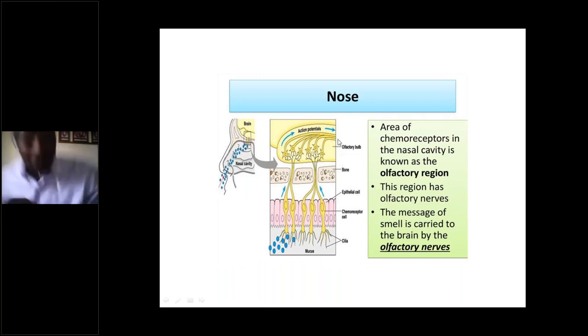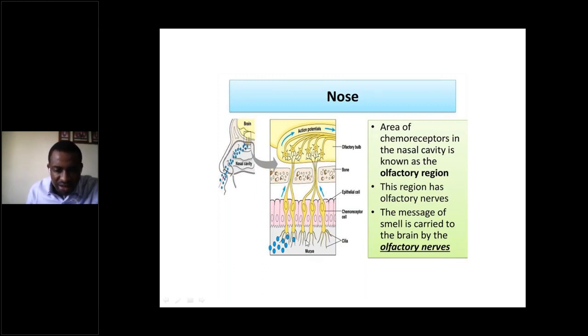So let's look at it. This is the nose. You have the brain, the nasal cavity. Now you have the mucus here. This is the nose, this is the base, the mucus. You have the cilia, the hairs in the nose. What's the function of the mucus?